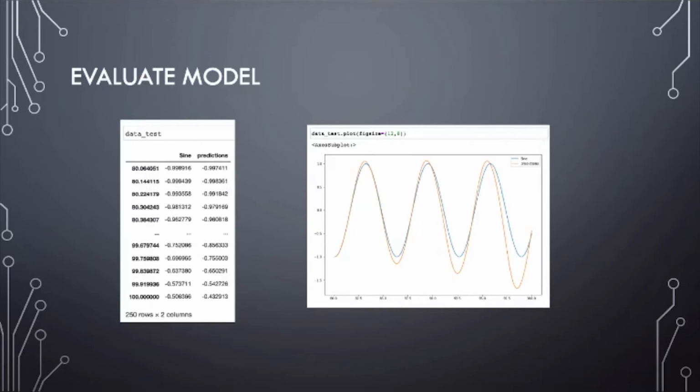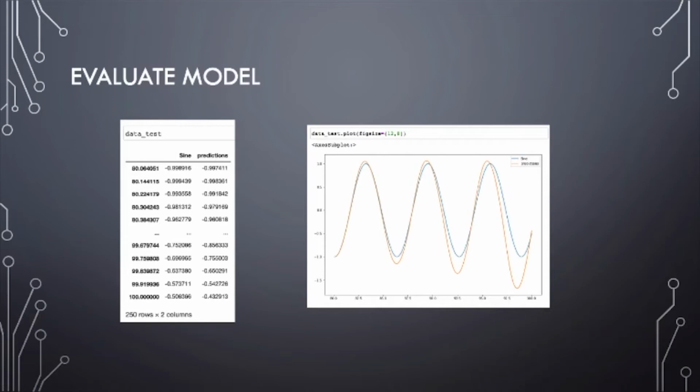By using specific code, we are able to put our sine column and our prediction column next to our attributes. As you can see, the first is 80.06. The sine of that was negative 0.998, and the prediction that our model created was negative 0.997.